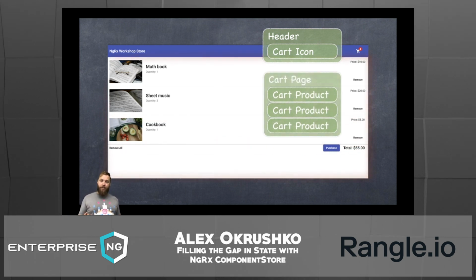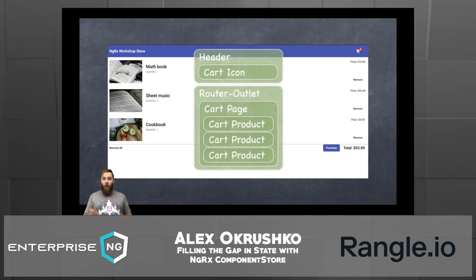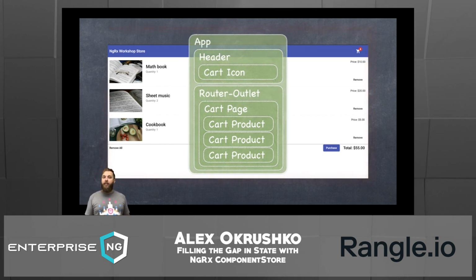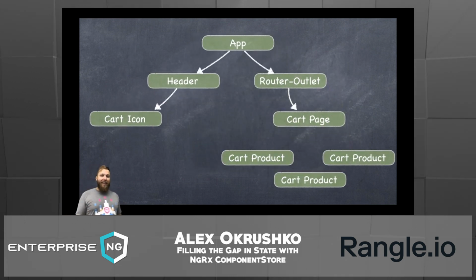So this is our structure, which in itself lives in the router outlet, and in the end, all of it lives in the app. So this is basically how our components are nested. Let's break it apart and take a look at it as the component tree. Okay, so this is what we have.